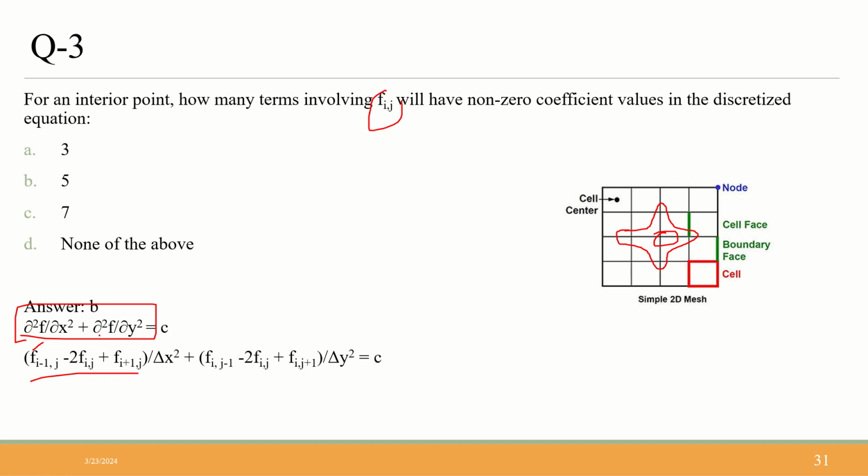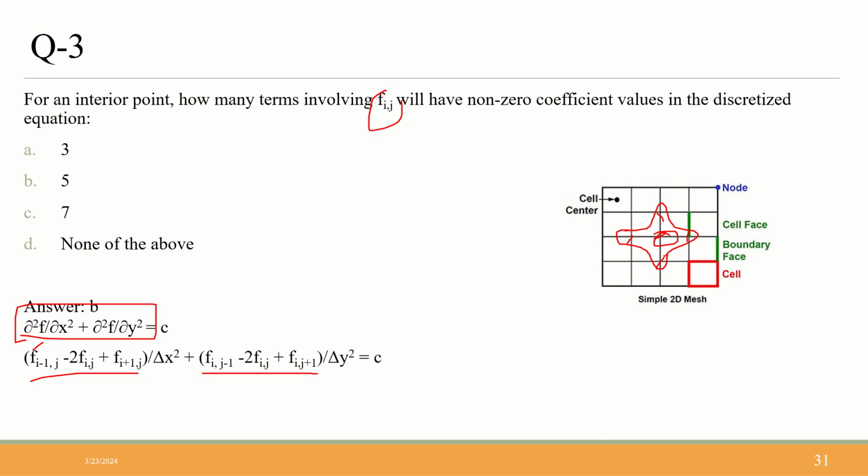Similarly, for ∂²f/∂y², we have f(i,j-1) - 2f(i,j) + f(i,j+1) divided by Δy², equal to c. So we have this particular domain over here, and if we look at it, we have 1, 2, 3, 4 and 5 variables. So for an interior point, how many terms involving f_ij do we have?